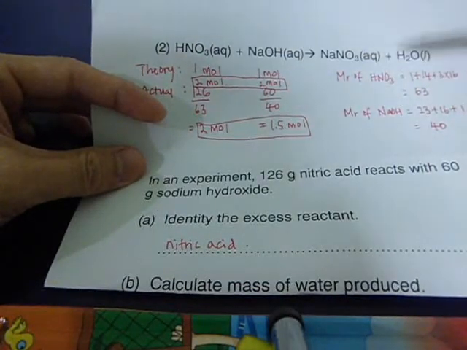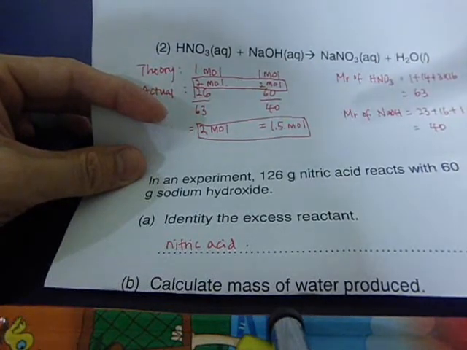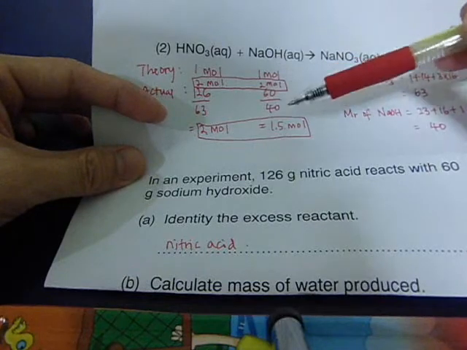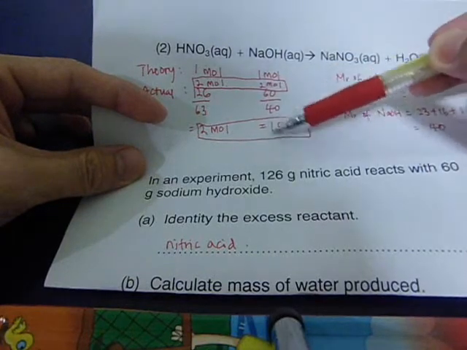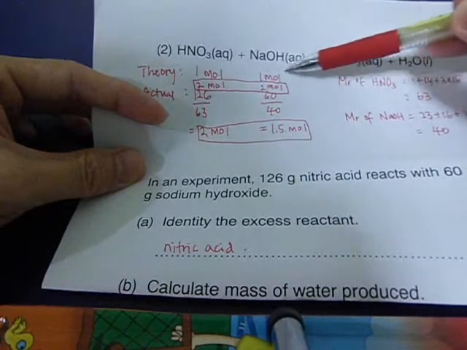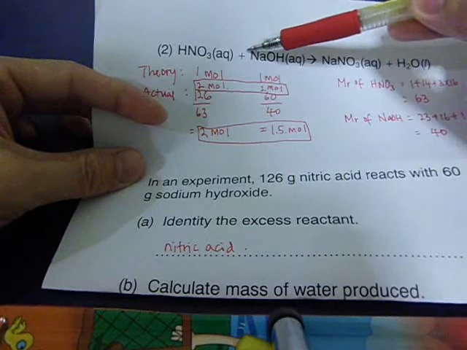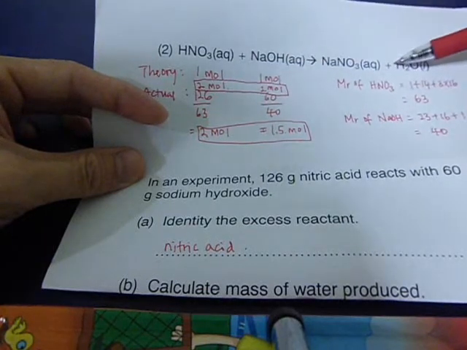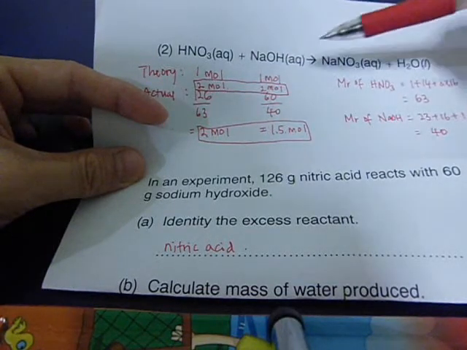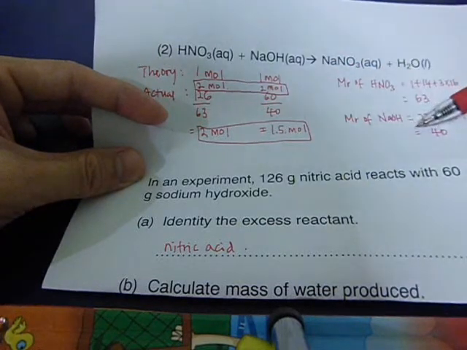So the amount of water that you will get depends on the amount of sodium hydroxide that we used, which in this experiment is 1.5 mole. So you have to look at the mole ratio of sodium hydroxide and water. The mole ratio is 1 mole to 1 mole, which means that since we use 1.5 mole of sodium hydroxide, we would have produced 1.5 mole of water.